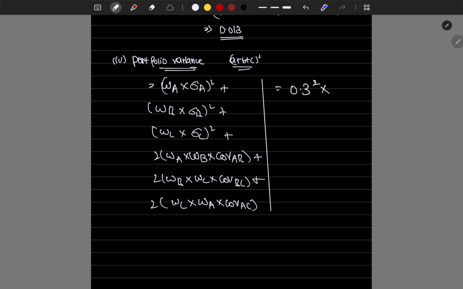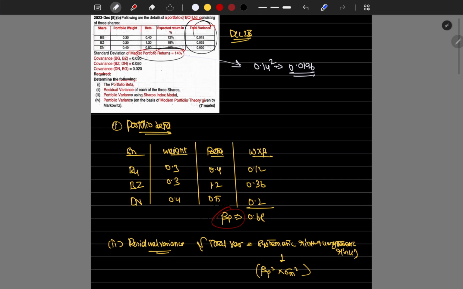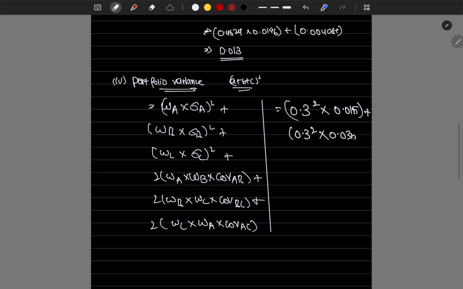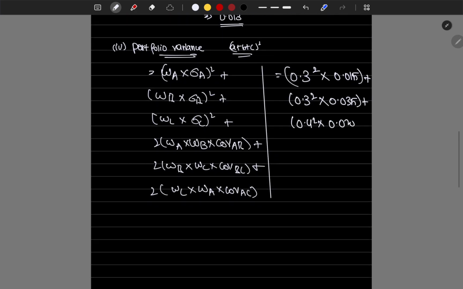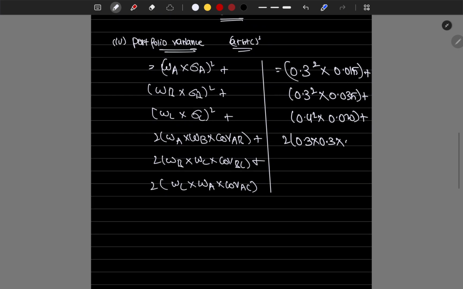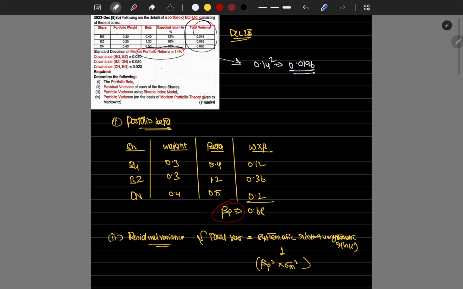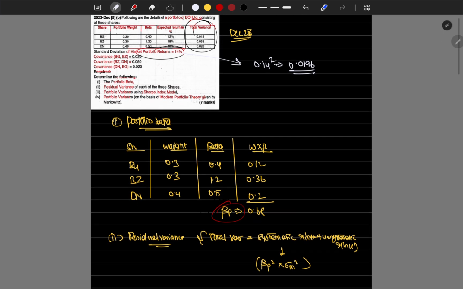We already have the sigma square values: 0.3 square into 0.015, plus 0.3 square into 0.035, plus 0.4 square into 0.020, plus 2 into 0.3 into 0.3 into 0.030, plus 0.3 into 0.4 into 0.050, plus 2 into 0.4 into 0.3 into 0.020.